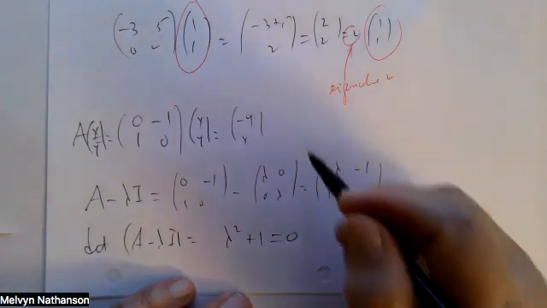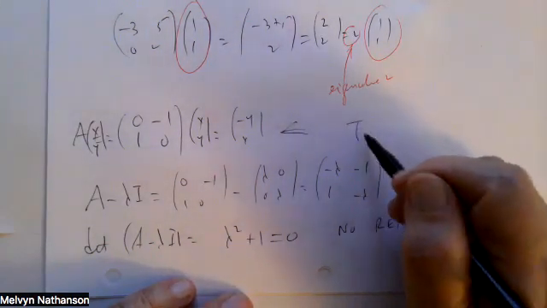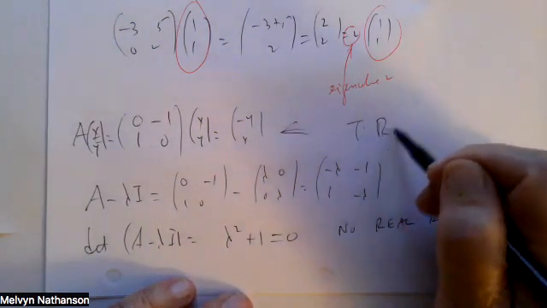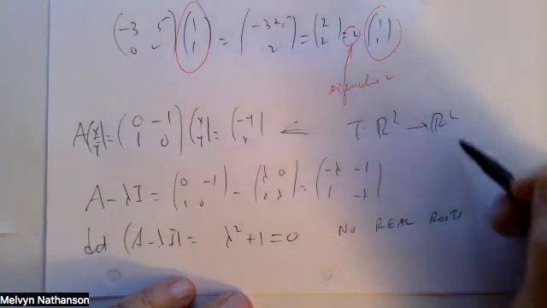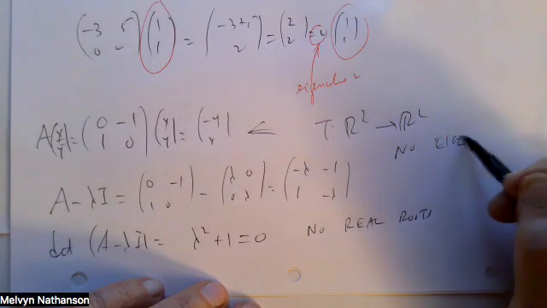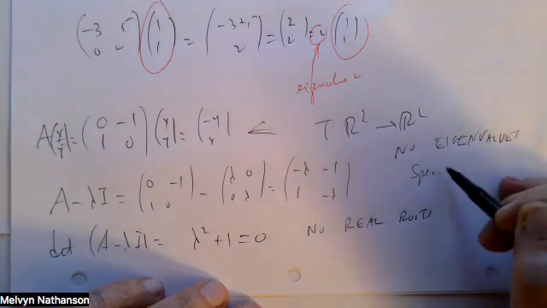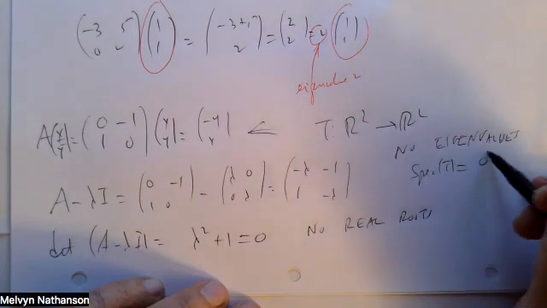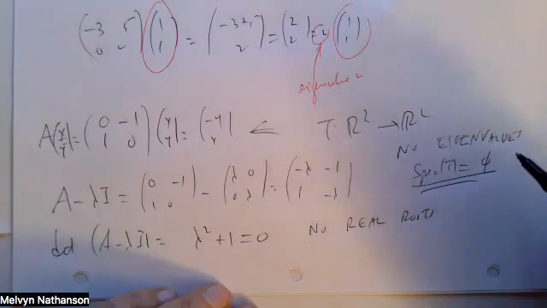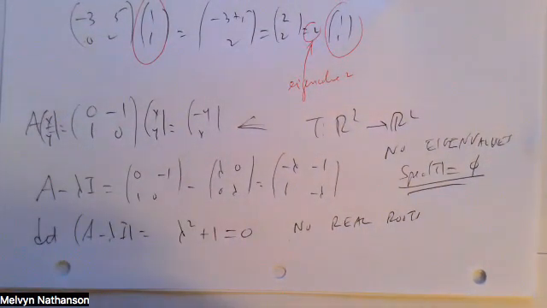So if we consider this matrix as the matrix of a linear transformation from R2 to R2, this has no eigenvalues. The spectrum is the empty set. So the moral of this story is that not every matrix has eigenvalues.